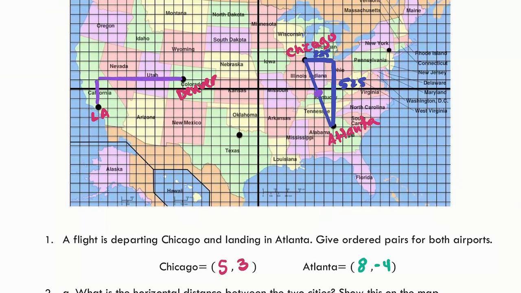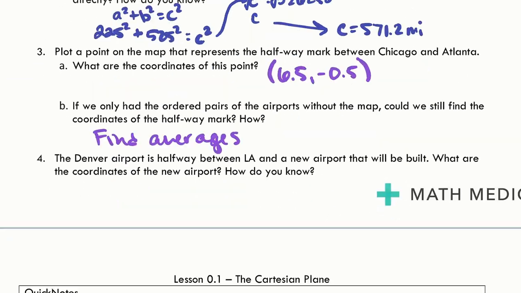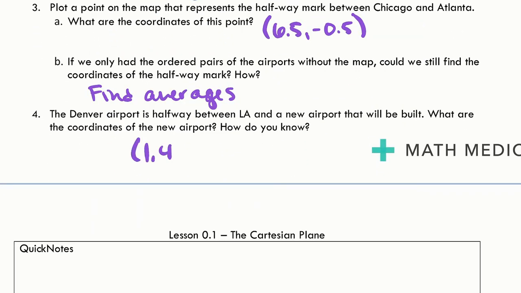And so the new airport, same thing, you would go up 3 and over 9. You land at 1, 4 in Iowa. Nice job.